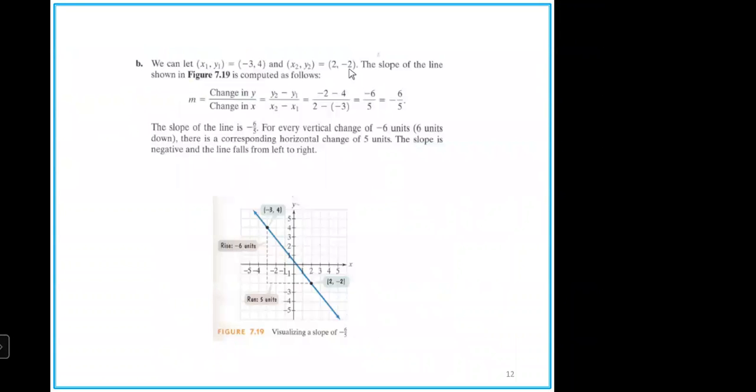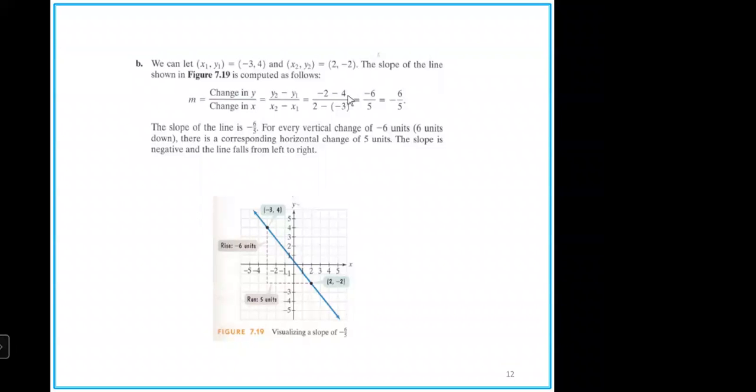So if you choose this to be the first, the other one to be the second, y2 would be -2, y1 would be 4, so -2 minus 4 gives you that, and then x2 would be 2, x1 would be -3, so 2 minus -3.